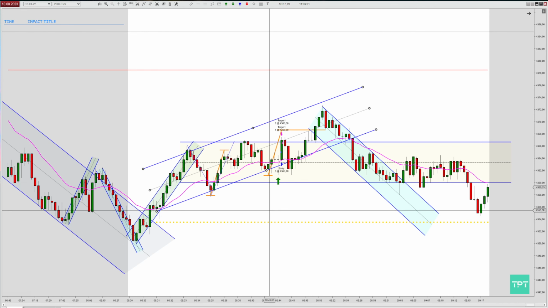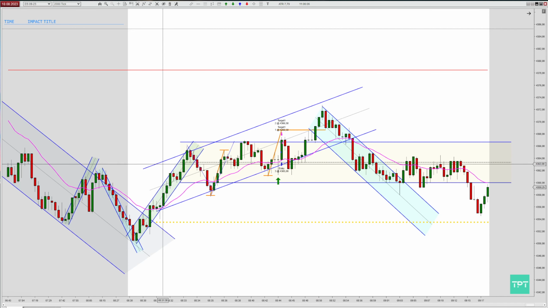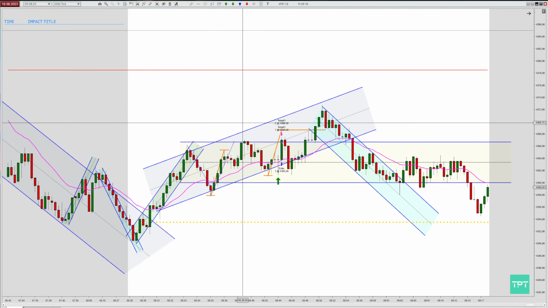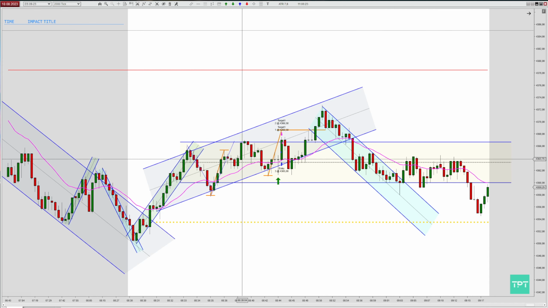If you want, this is a break here and 2 legs to a new high. So technically this uptrend also played out, but this break is very tiny, and usually breaks are, let's say, bigger. So right now we are not taking this channel into consideration and just playing this range here.